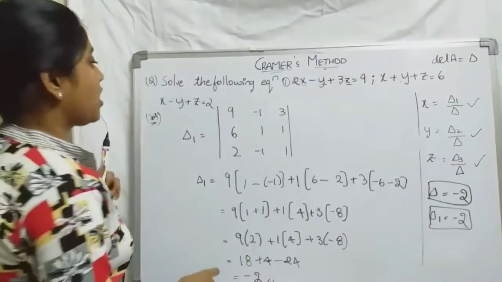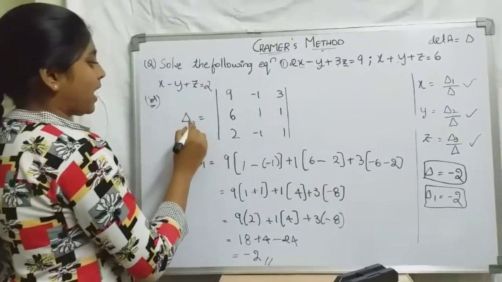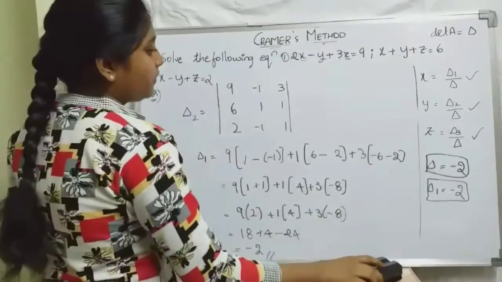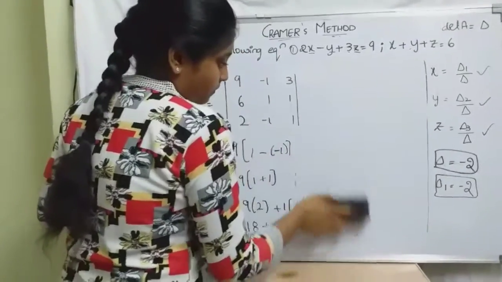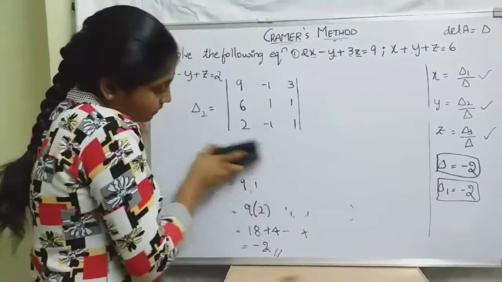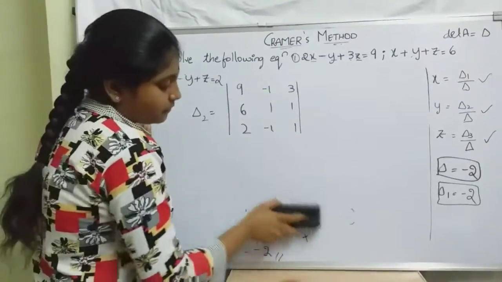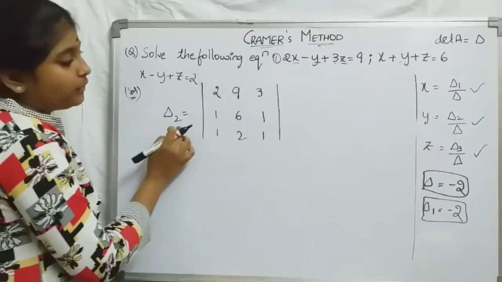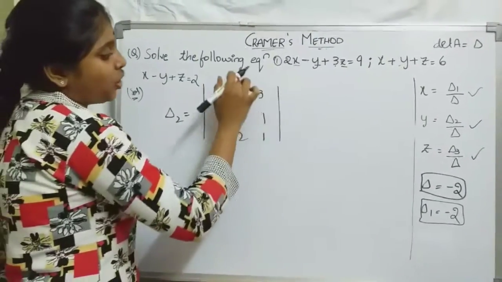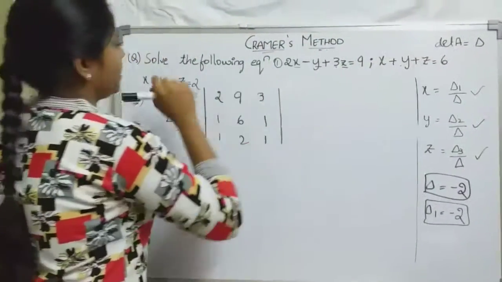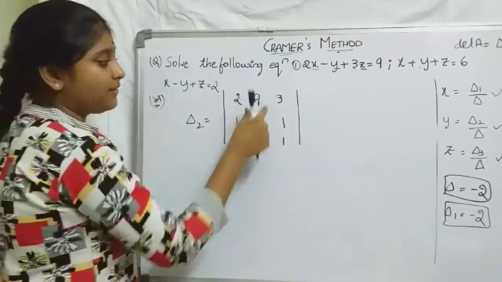Now we will solve the delta 2 values. In delta 2 we have placed the second column with the constants of the equation, that is the D matrix we have placed here.